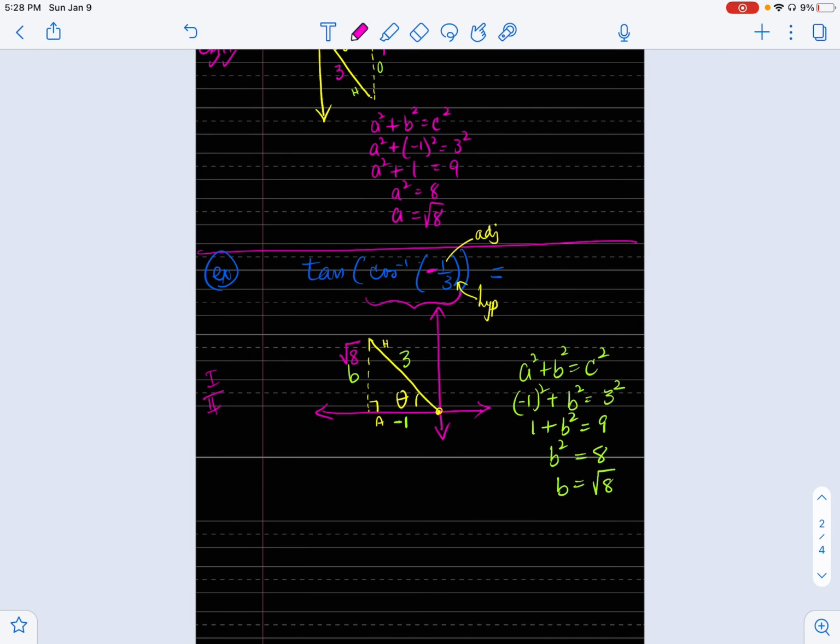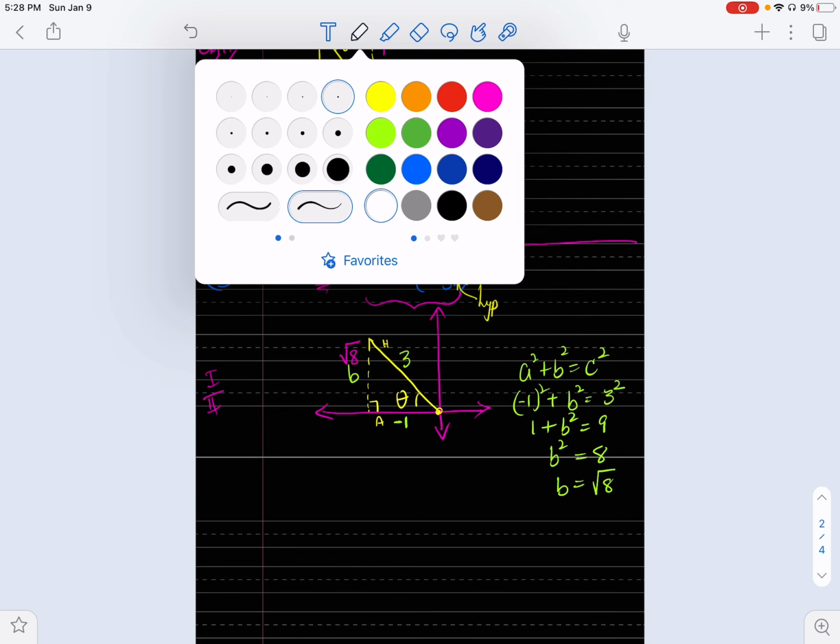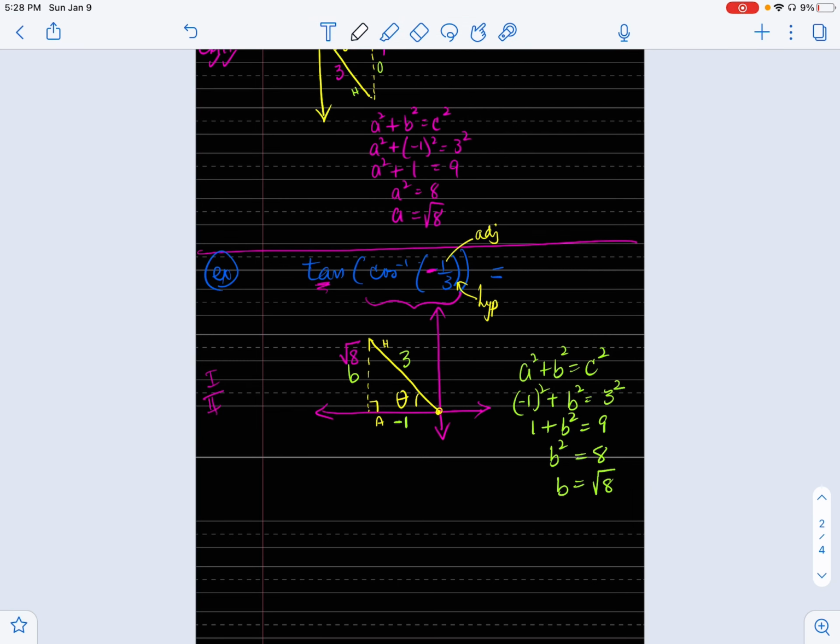Now look on the outside. I have all 3 sides of the triangle, and I need to find the tangent value there. Tangent value there is opposite, which is √8, over adjacent, which is -1. Interesting. I really don't have to write -1 at the bottom. I can just call this -√8, right?